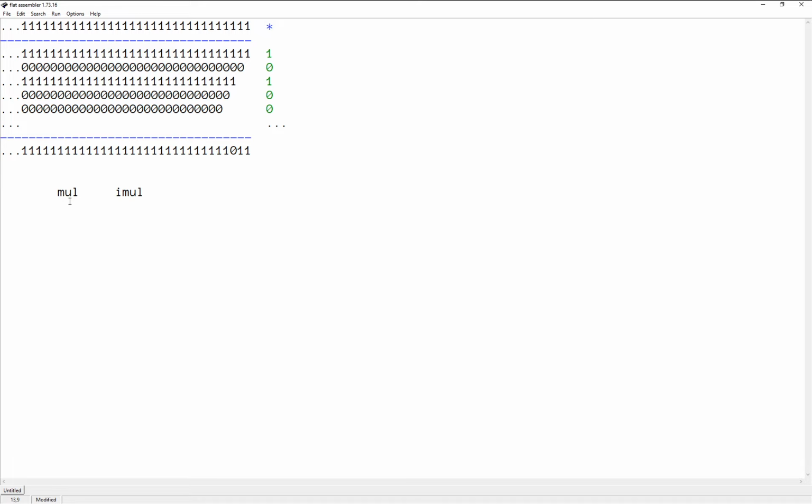This one is for unsigned multiplication, so it extends the number with an upper half that is all zeros when it multiplies, and this one does the sign extension, so the upper half of the number for the multiplication is filled with the sign bit.